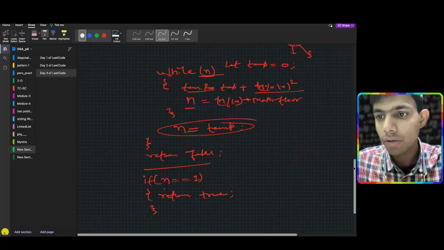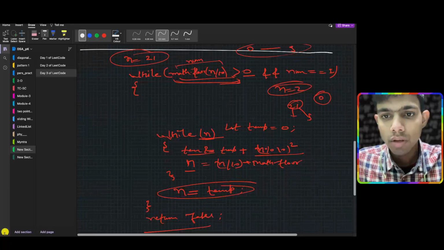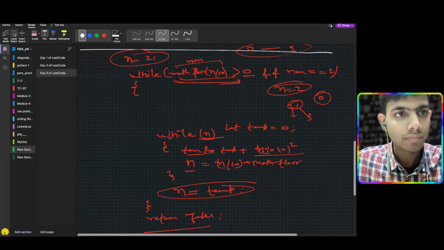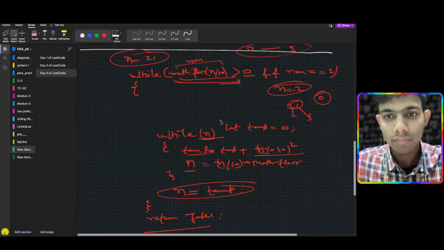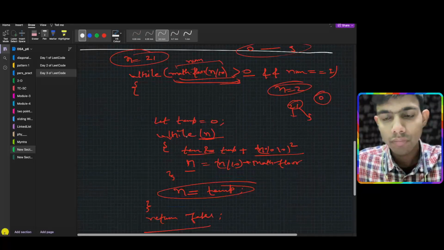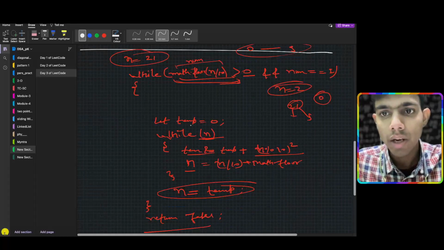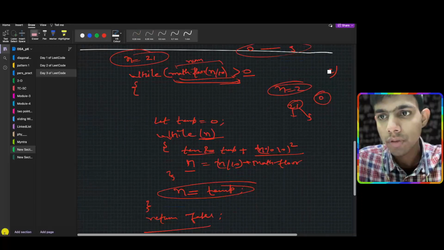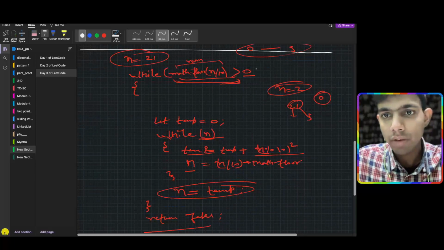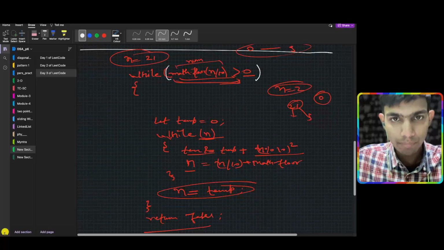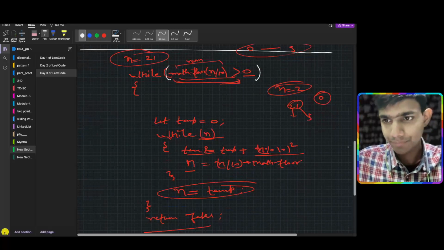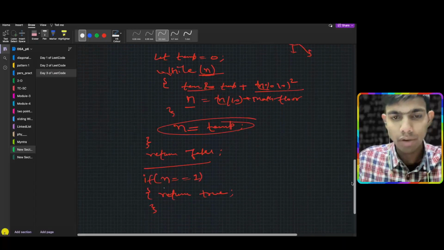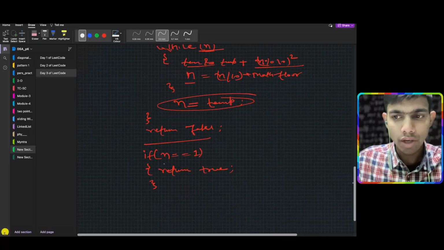We can put it here, and we can put this here, and we don't need this condition here. If the value is itself a single digit, don't go inside because we have a single digit number now. Just check here.